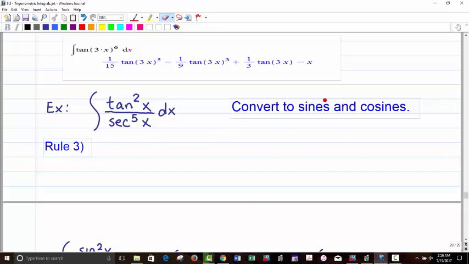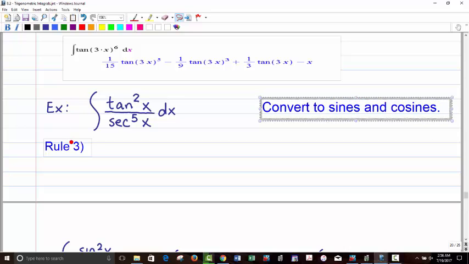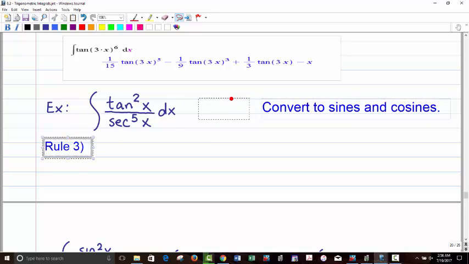Now, what you have to be careful of, first of all, is you might think, hey, secant's odd and positive. No, it is not. When it's in that denominator, keep in mind that that is secant to the negative fifth power, technically, not positive 5. So, that's why it doesn't fit.